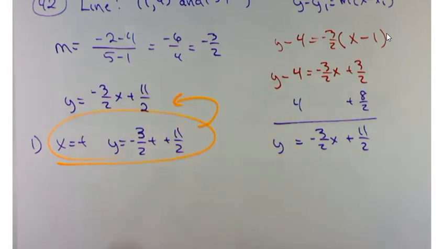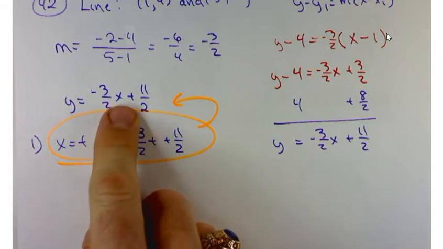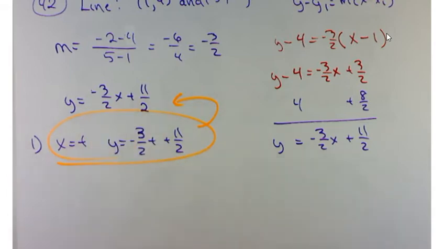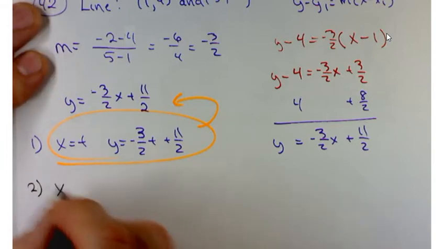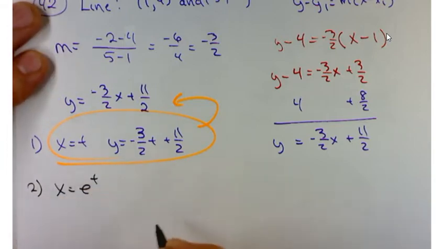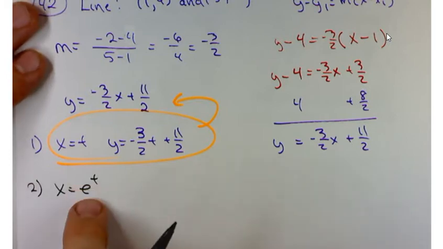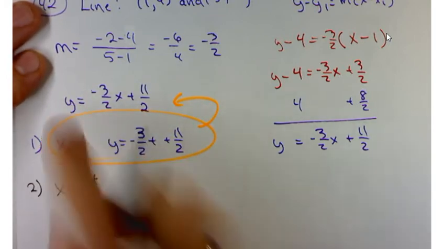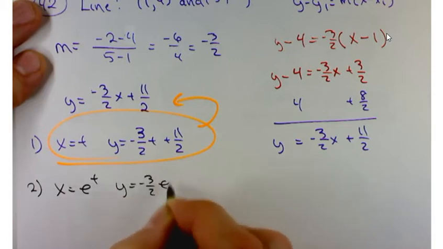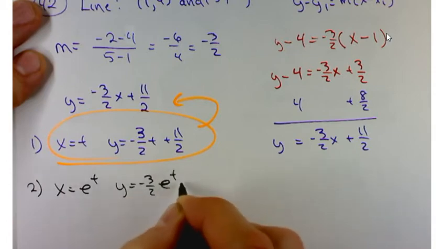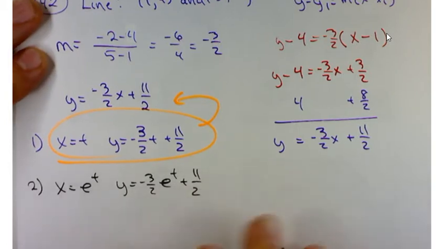And in fact, anything you want to drop in for t will work. You can do something a little bit more off the wall, like x equals e to the t. And if I plug in e to the t here, then I get an expression for y that depends on t. So y equals negative 3/2 e to the t plus 11/2.